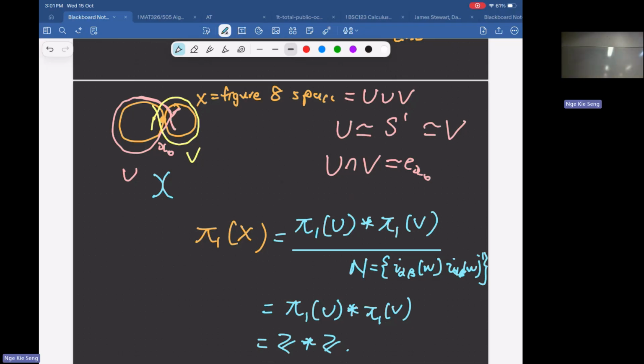In this case, this also differentiates between the torus and this wedge of two circles. The torus is Z cross Z, but this wedge is Z free product with Z. So it differentiates between the torus and this object. They are supposed to be different, right? If I sell you a donut, do you want this donut or the X1 cross X1 donut?